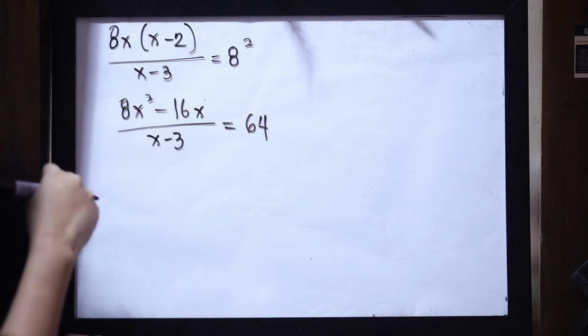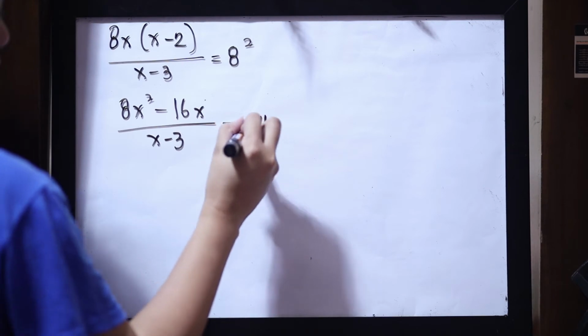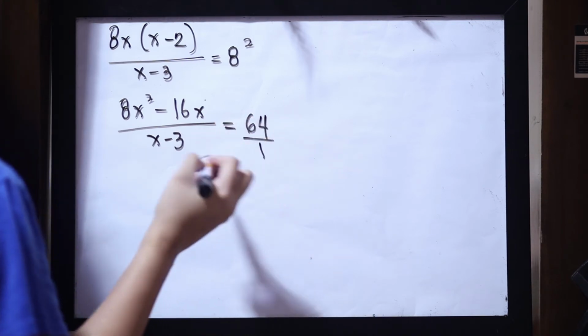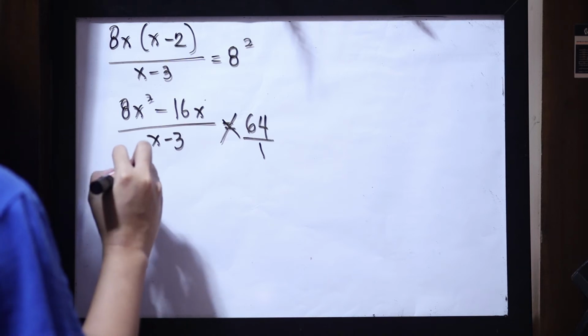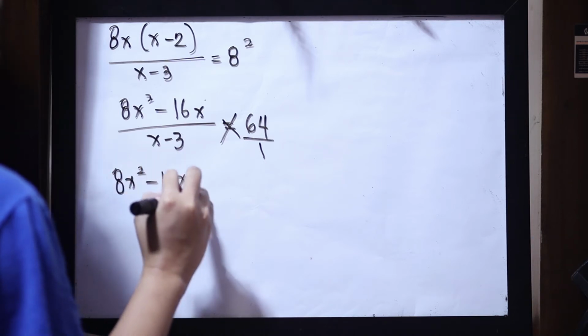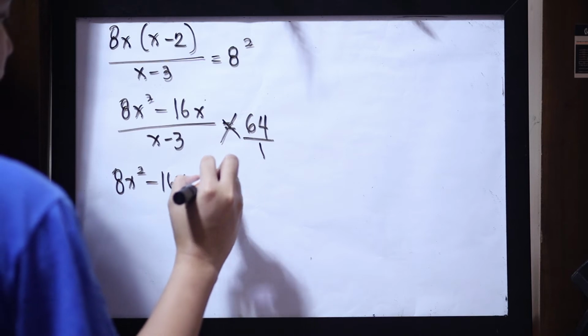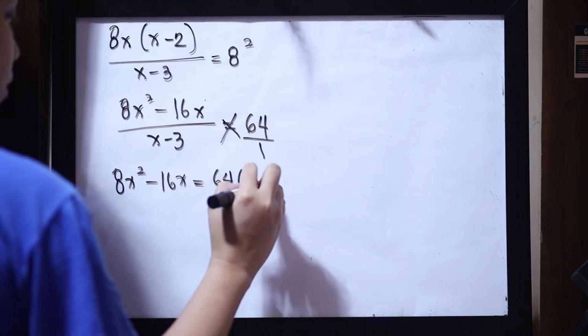Tapos, cross multiply. Yung 64 may denominator na 1, tas cross multiply. So, we'll have 8x squared minus 16x is equal to 64 times x minus 3.